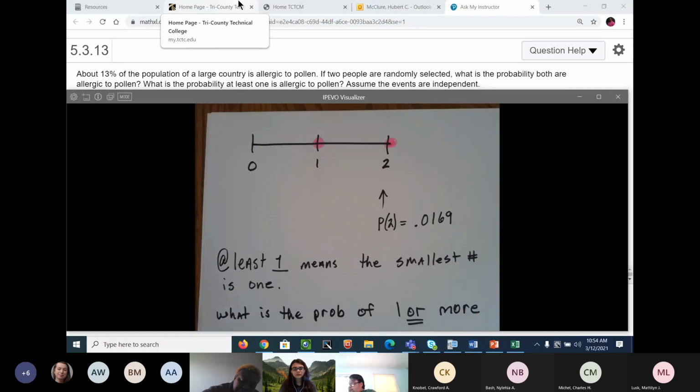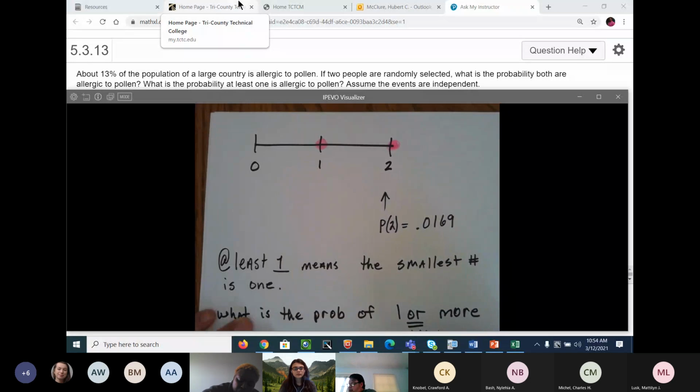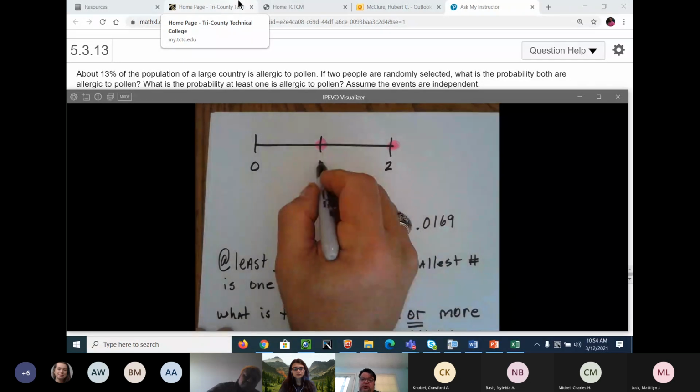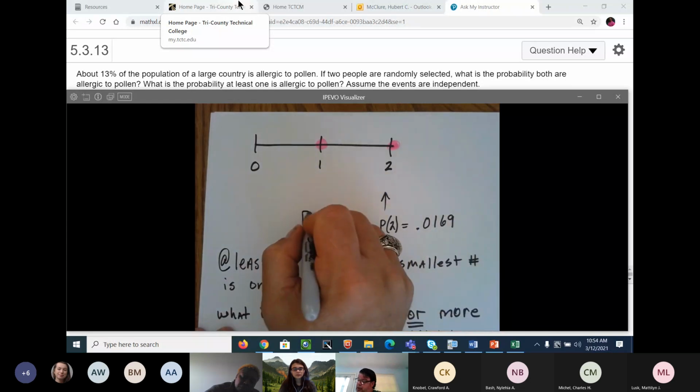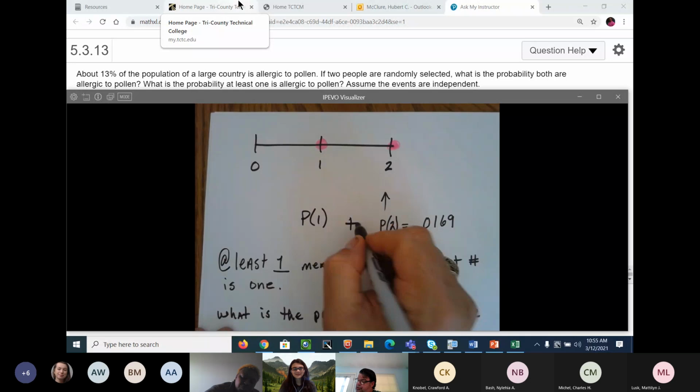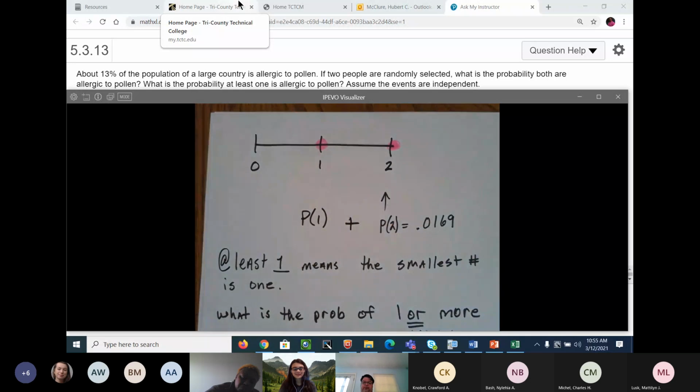Addition. That's for addition. So what am I going to do? Add. I'm going to add the probability of 1 plus the probability of what? 2. Probability of 1 plus the probability of 2.